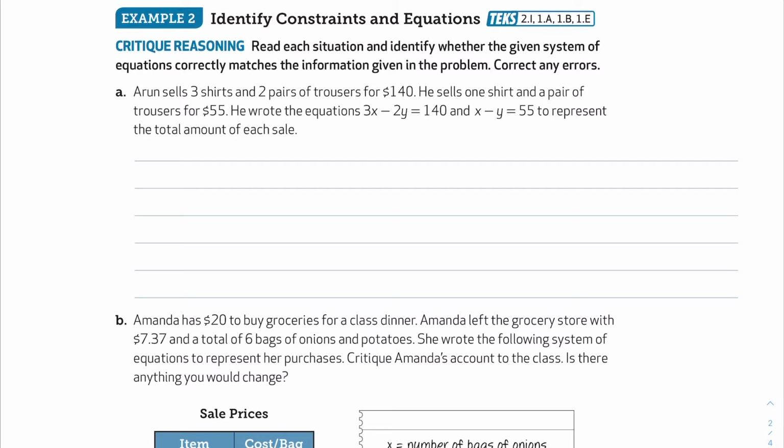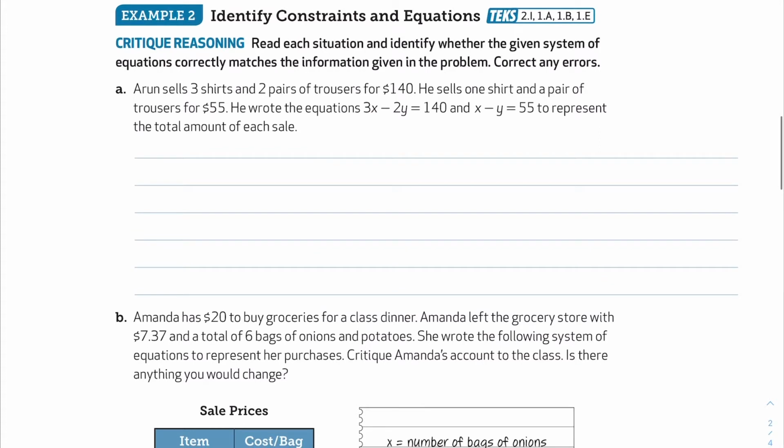In part A, Aaron sells 3 shirts and 2 pairs of trousers. If you don't like talking about trousers, you can replace that word with pants. He sold 3 shirts and 2 pairs of pants for $140.